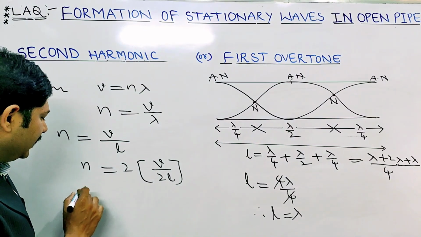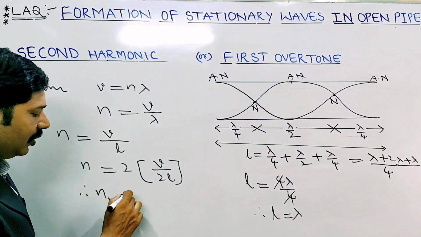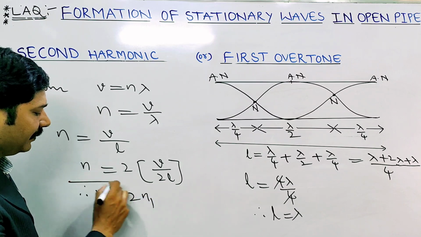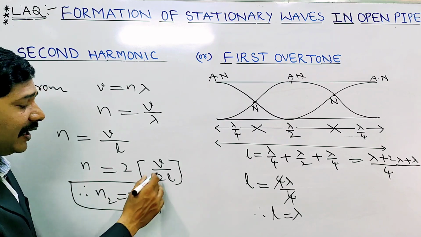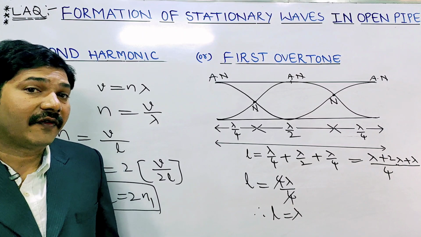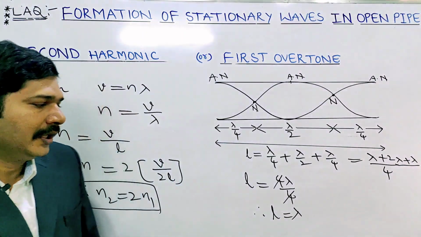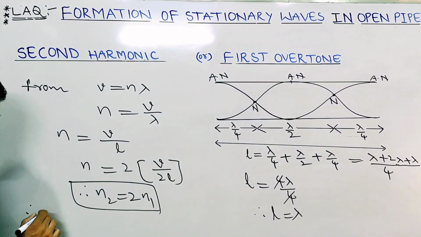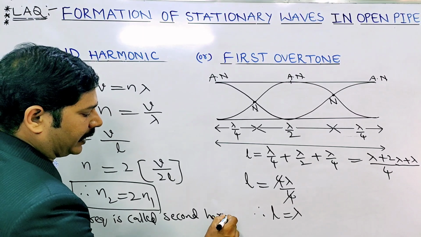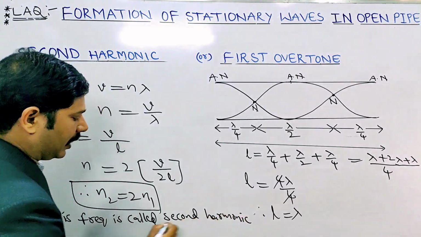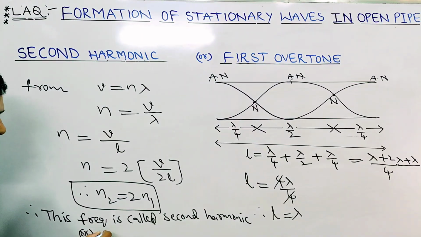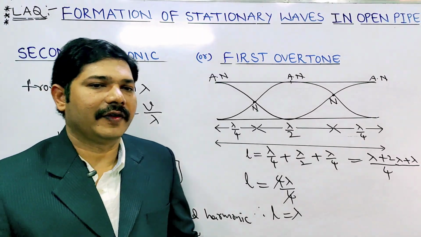That is why N2 we can write as 2N1, because N1 is the fundamental frequency or first harmonic in open pipe. Therefore, this frequency is called second harmonic or first overtone.